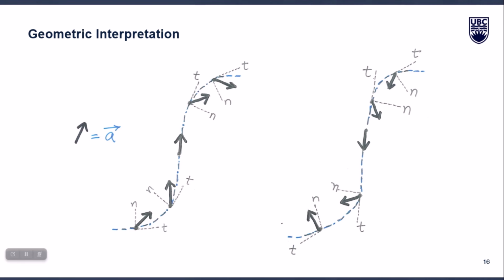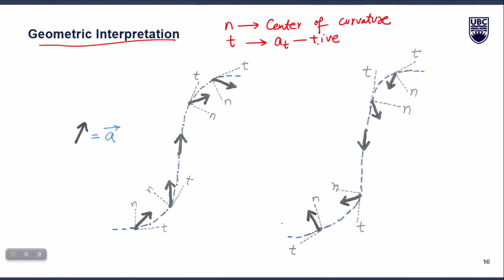We discussed that the n component of acceleration will always be towards the center of curvature, right? So if I write n towards the center of curvature, and the t component, a sub t, will be positive, or it will be towards the positive t direction, when velocity is increasing, right?